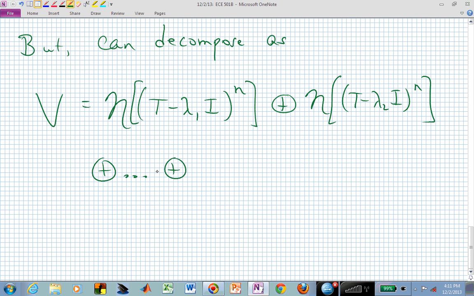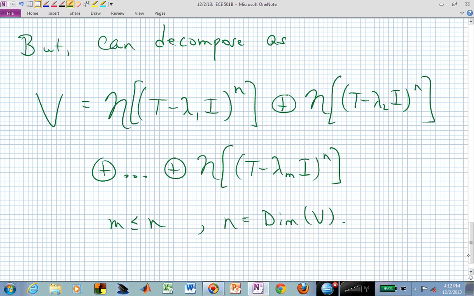But now we may not have little n of these one-dimensional subspaces in these null spaces, and maybe we only have m distinct eigenvalues. So now we'll say the null space of T minus lambda sub m I to the n, where m is less than or equal to n, and n is the dimension of V.